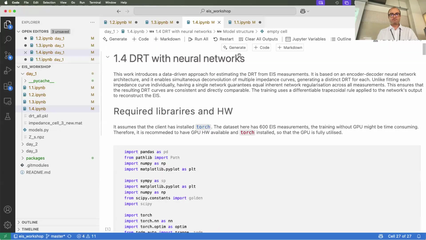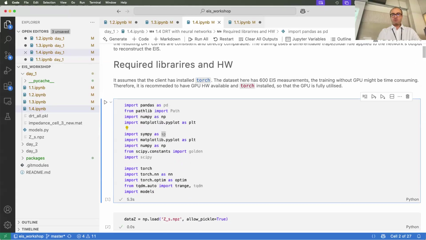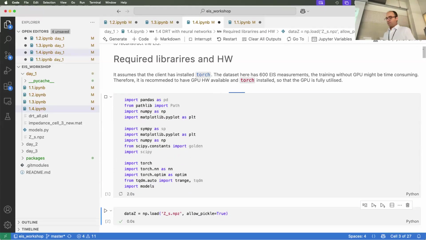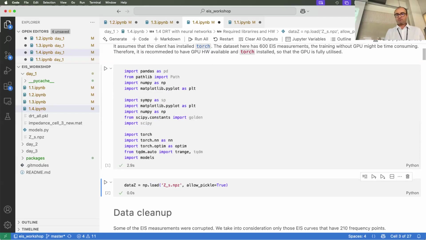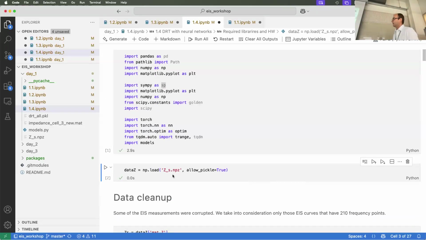Again, there are several peculiar things that I'm going to talk about now. So again, I'm loading here data from an experiment that we are going to use quite a lot throughout this workshop.